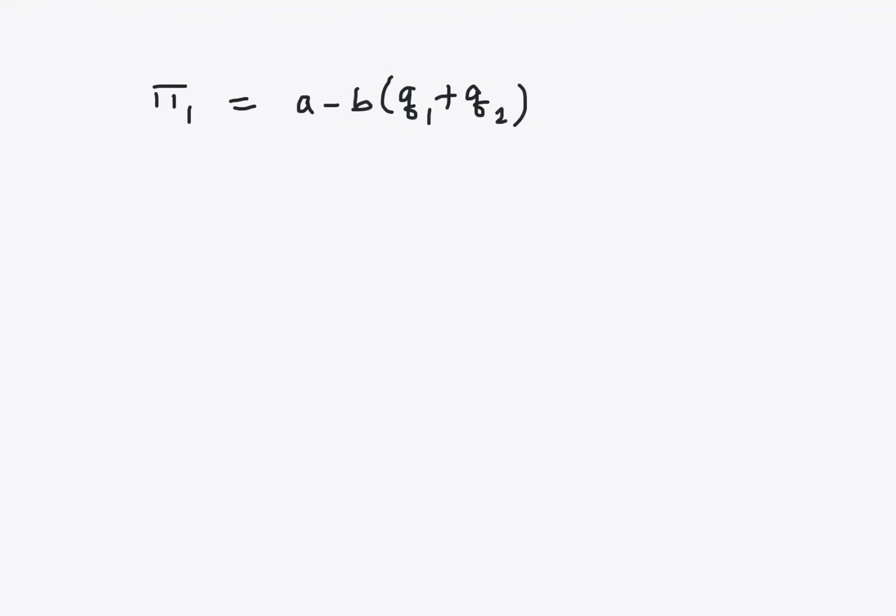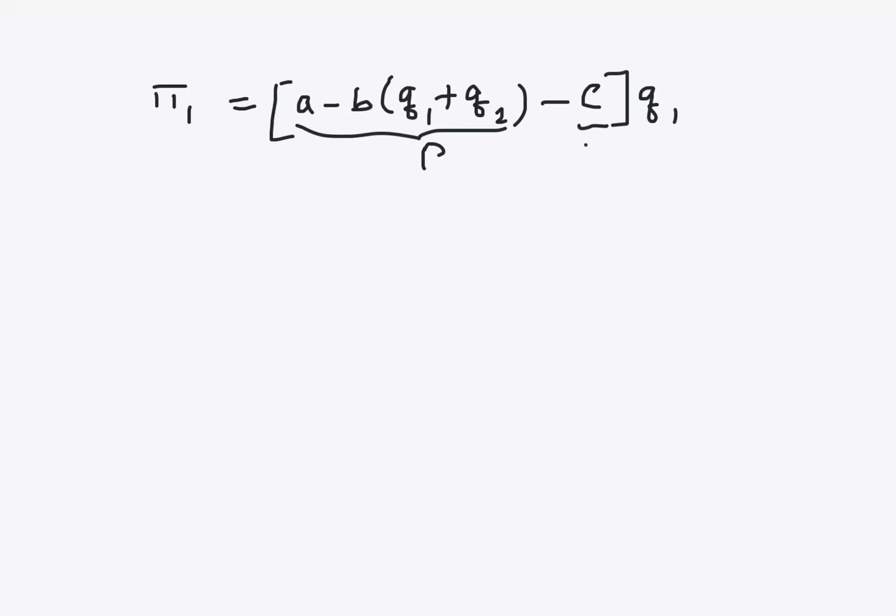So A minus B times Q, minus average total cost, which is the same as marginal cost because marginal cost is constant. So C. So this is your price minus cost. So this is your price and this is your cost, right? Average total cost. And then you multiply it by quantity. So that gives you total revenue minus total cost.